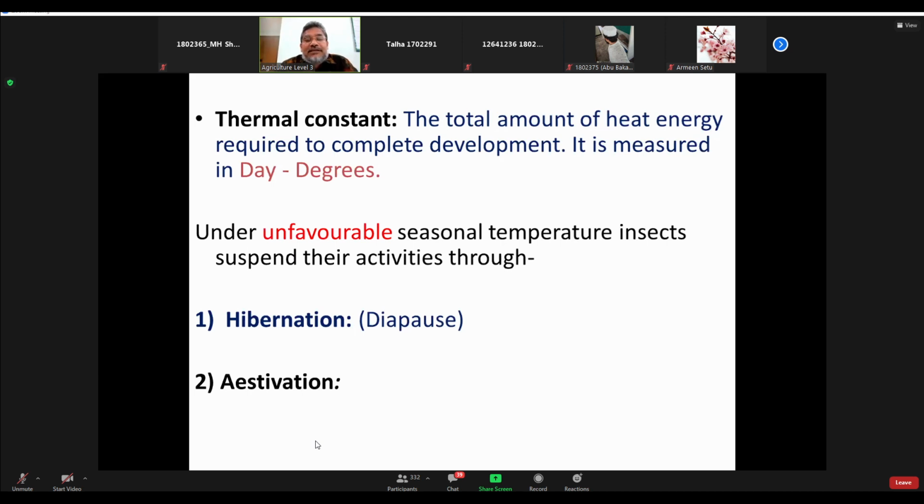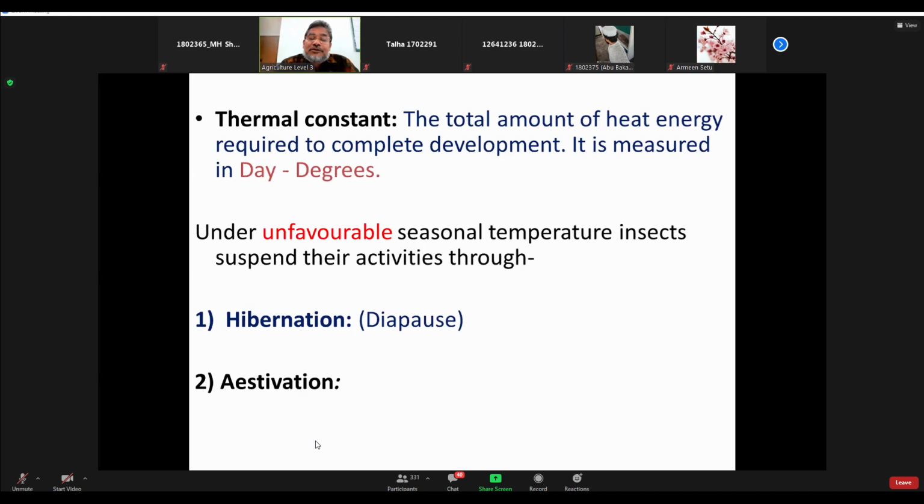That's why they will pass some hard time. In adverse environmental situations, they pass that time. This is called diapause in case of insects, and we call it hibernation. There will be no activities, just a period of suspended activity in individuals occurring during the seasonal low temperature.